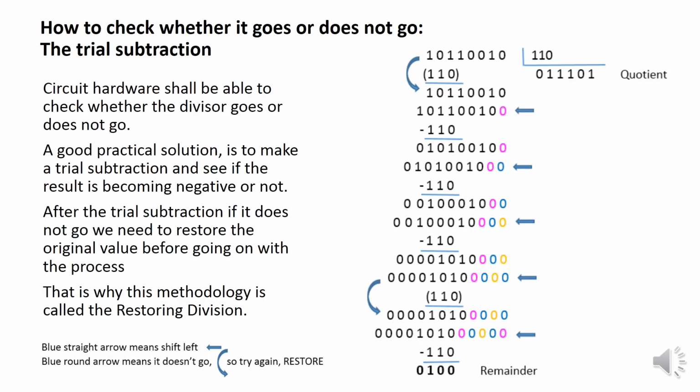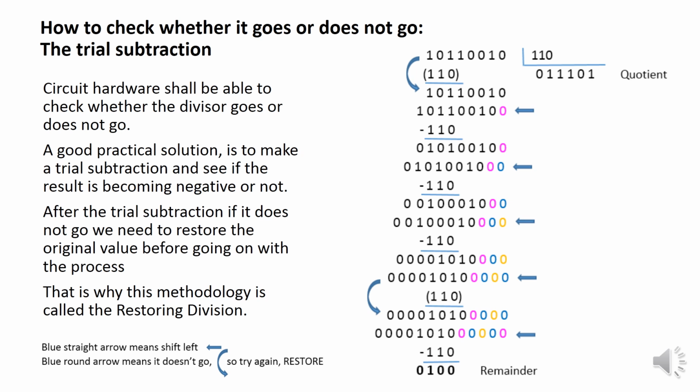One thing we have seen from this example is that at every step we are checking whether the divisor goes. That means whether we can subtract the divisor or not. But the question is, in an actual computer hardware circuit, how can we check that?